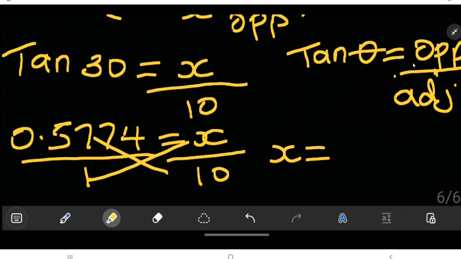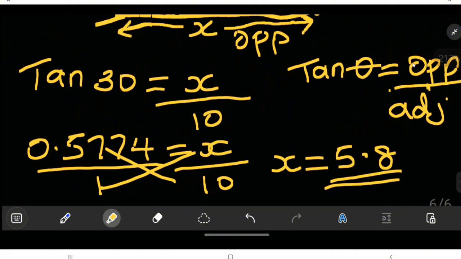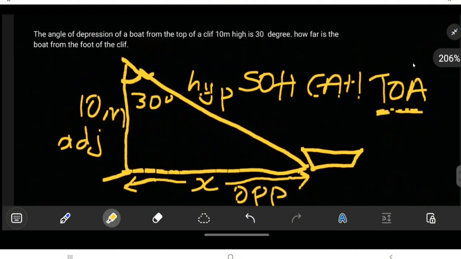So 5.8 is how far the boat is from the foot of the cliff. You could just call it the distance too, it's the same thing.